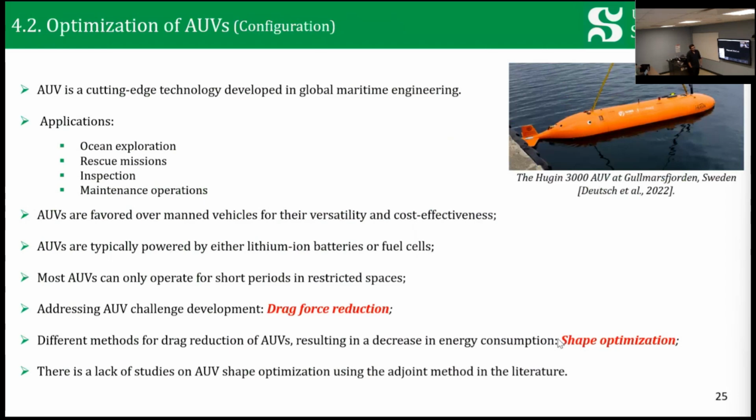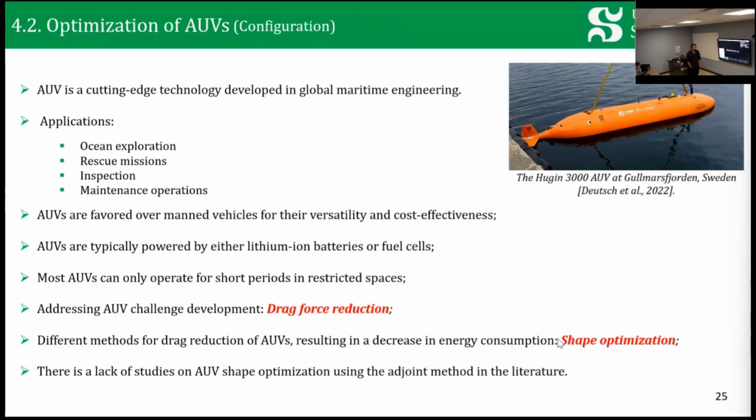After that, we choose a more complicated geometry compared to a sphere. We choose to optimize an autonomous underwater vehicle, which is a cutting-edge technology in maritime engineering. It has different kinds of applications, like ocean exploration. But one of the challenges they face is that they can only operate for a short time.